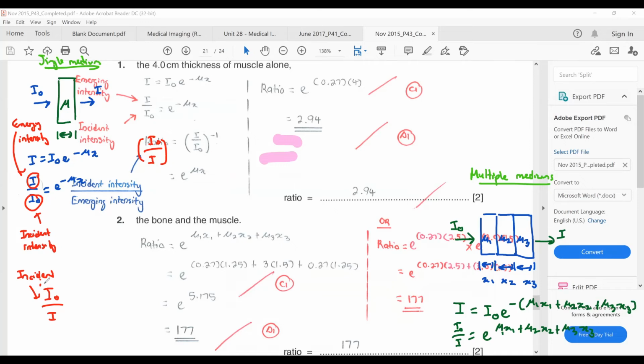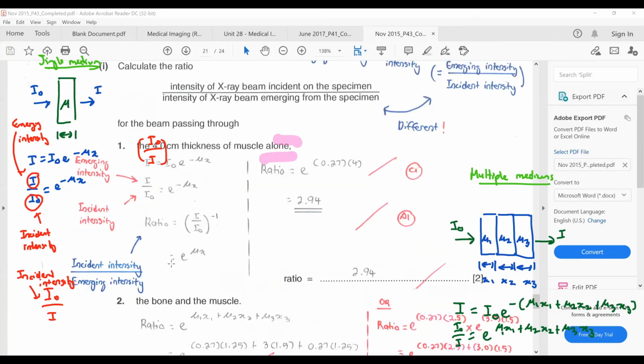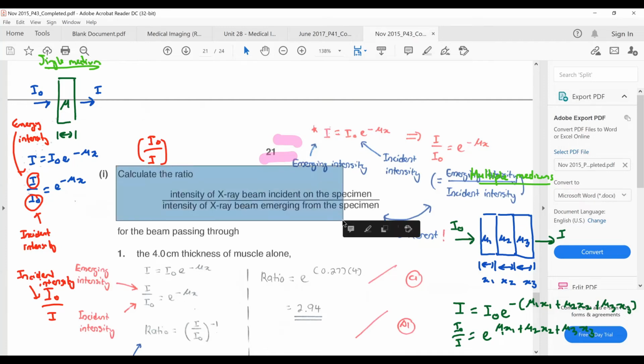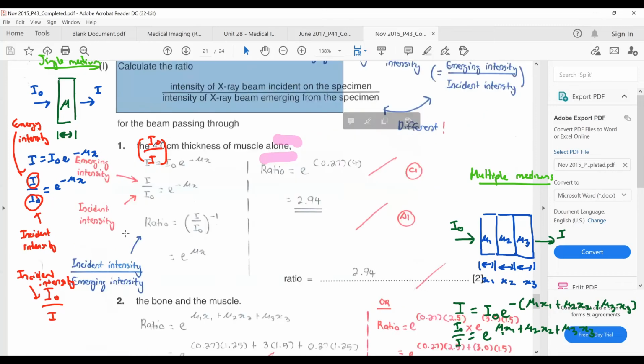Mr. Chan, isn't it I naught at the top, the bottom? Because based on your formula, you divide it, right? You shift it to the other side. No, I naught over I, right? You want to find I naught over I, right? Are you talking about question 2? Yes, correct. Question 2 is asking you to calculate the ratio of incident intensity to emerging intensity for 1 and for 2.